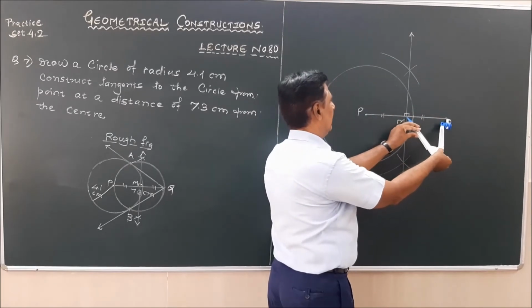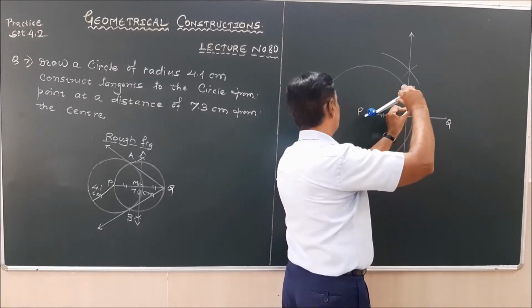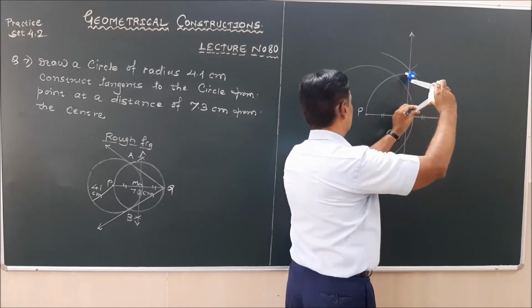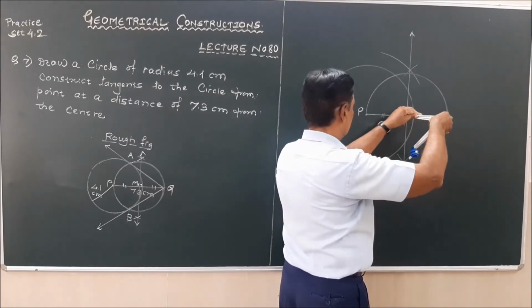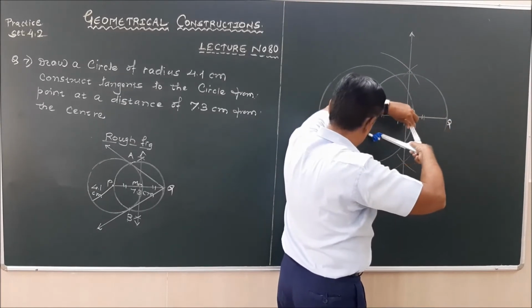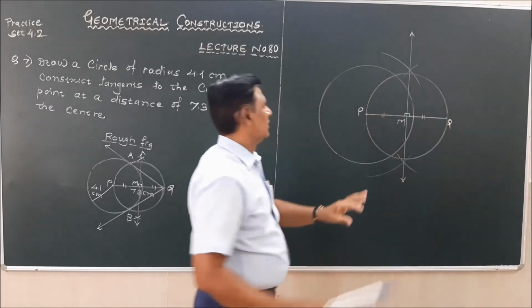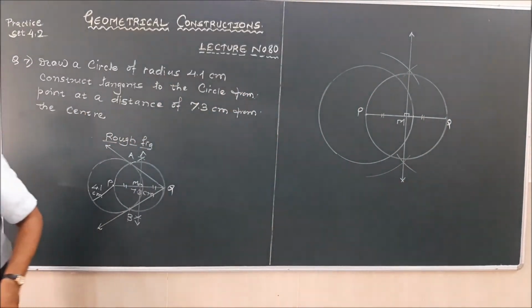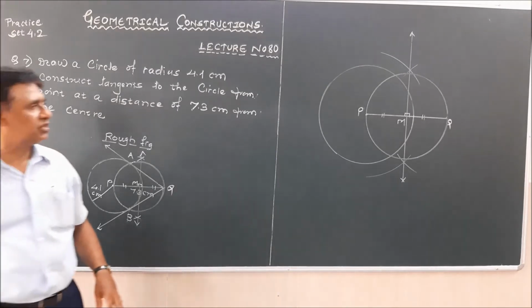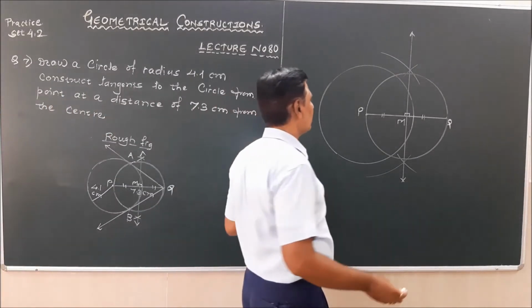Very simple. Draw a circle. So this is how I draw a circle passing through points P and Q.